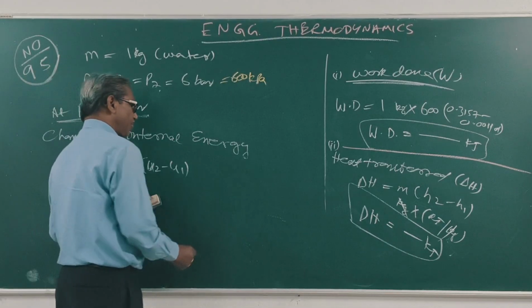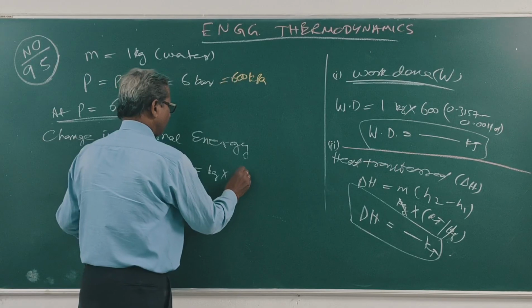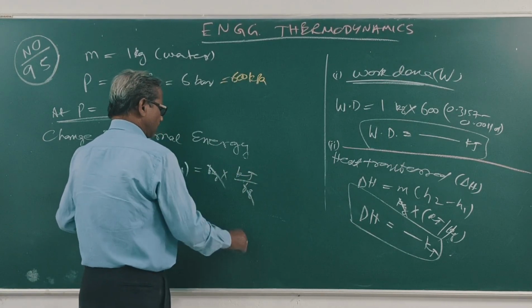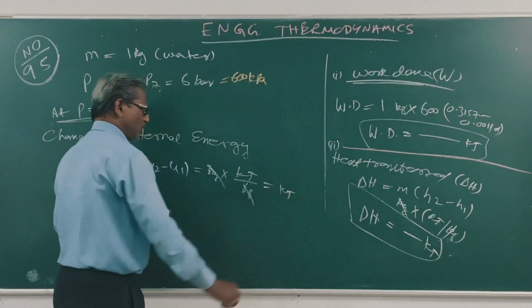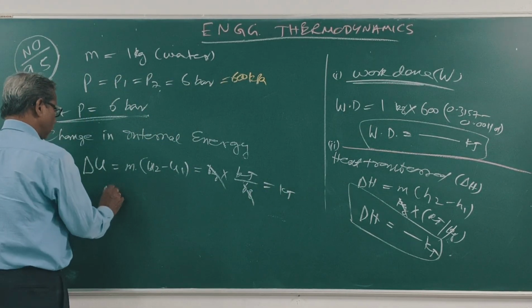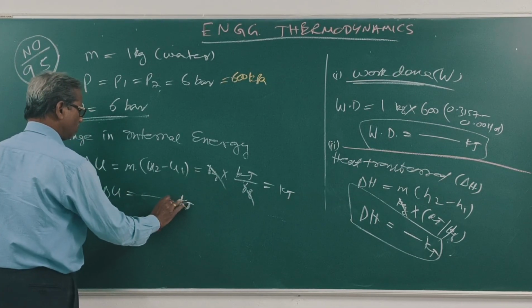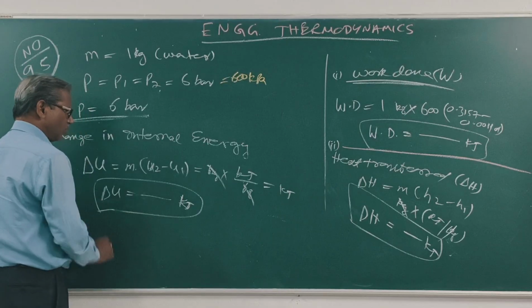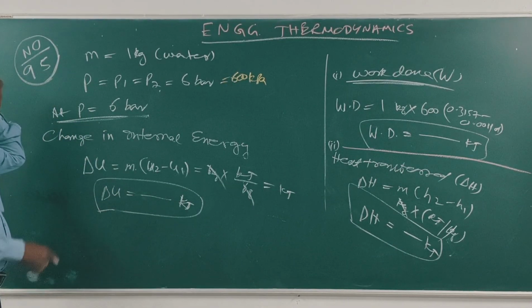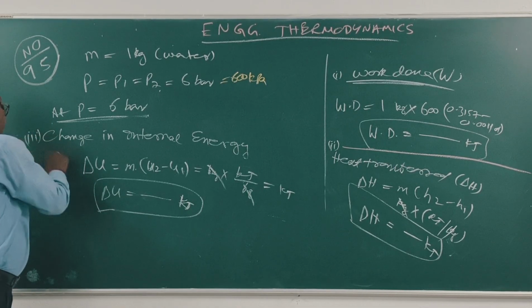What is m? m is in kg. u2 minus u1 is also in kilojoule per kg. Kg cancels out. Kilojoule. Clear? So delta U you will find in kilojoule. Put all the values from the given data and you will get the answer. This is kilojoule.